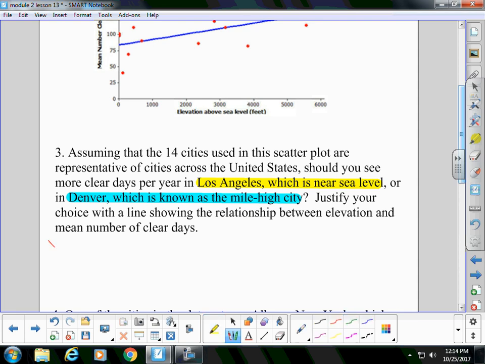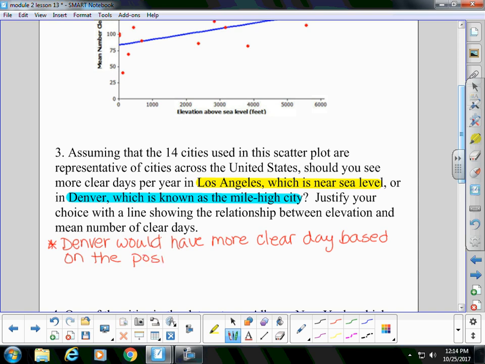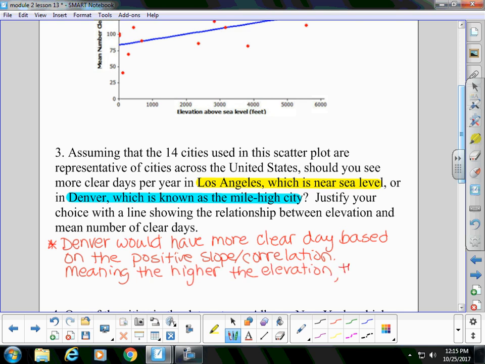So first of all, I'm saying Denver would have more clear days based on the positive slope or correlation, meaning the higher the elevation, the more clear days.